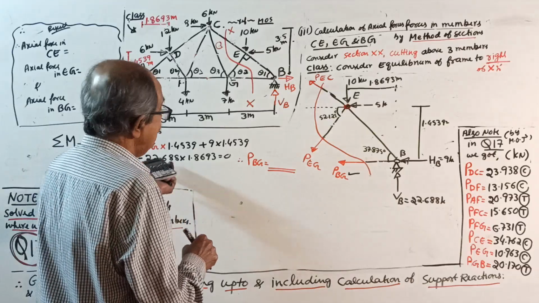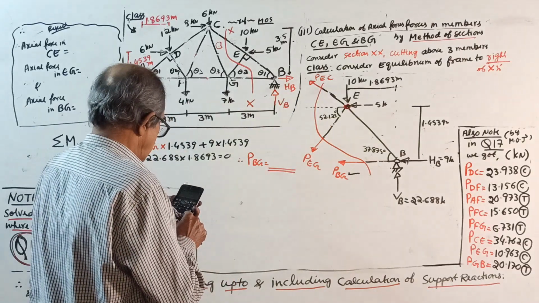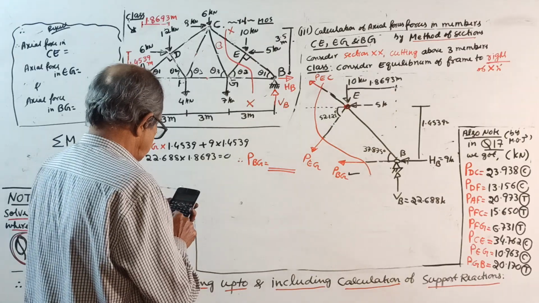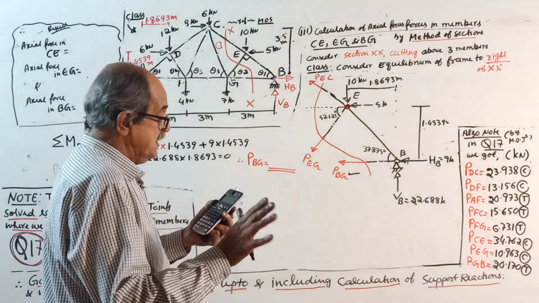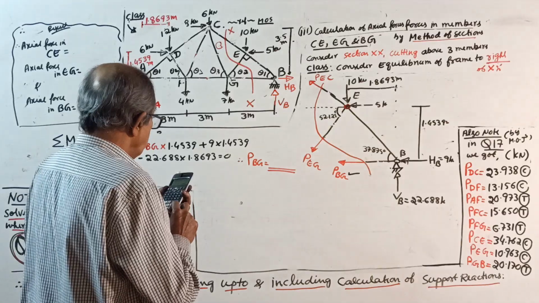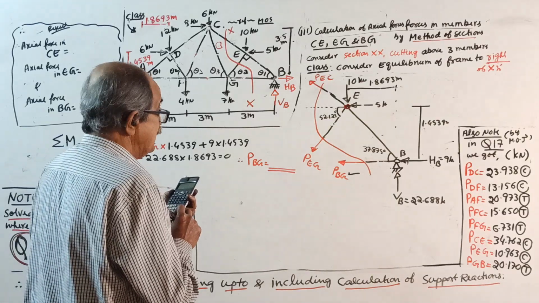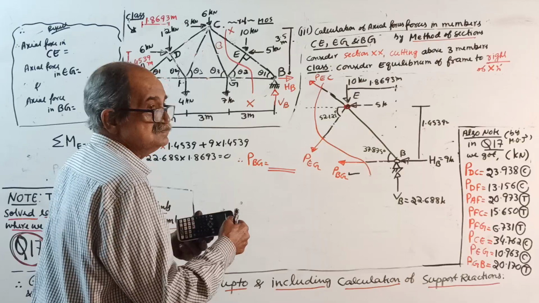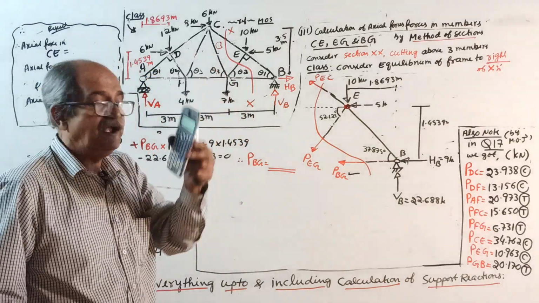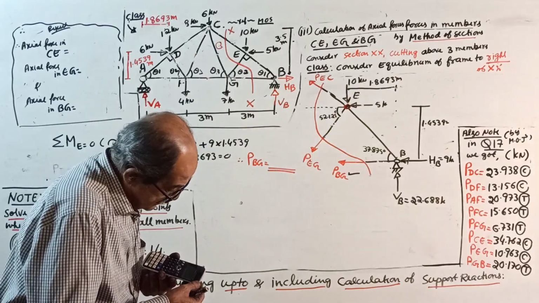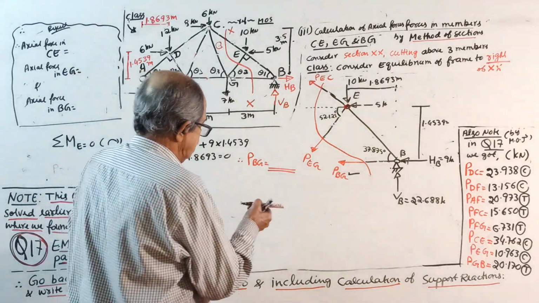Answer is negative; it will become positive that side. Divided by 1.4539. Plus 20.170 kilonewton. Calculator had auto switched off, but I got it: plus 20.170 kilonewton.